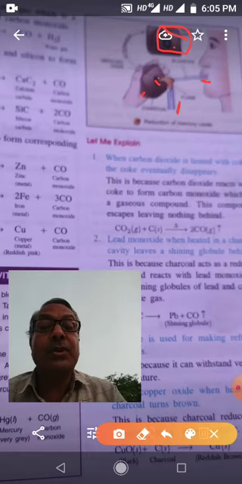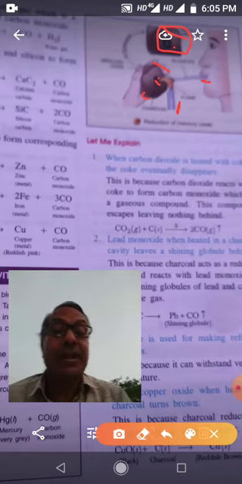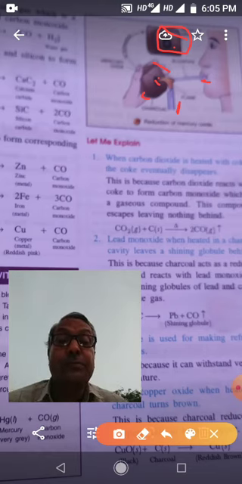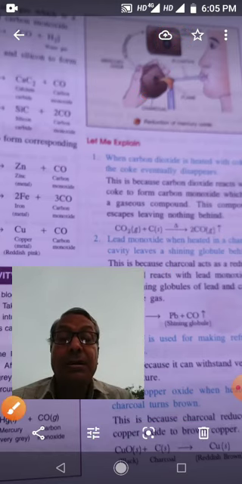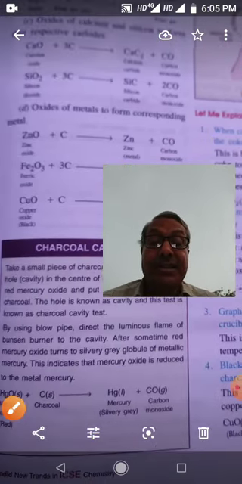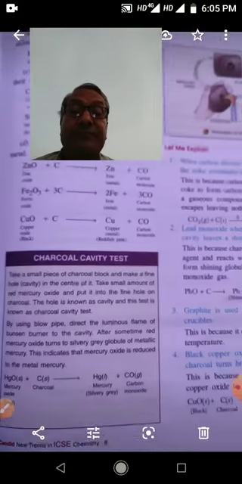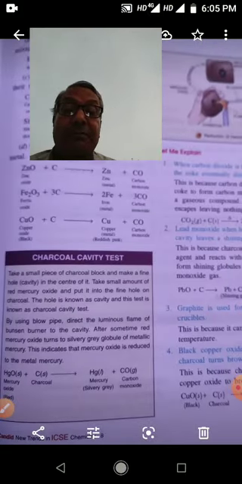In this way mercuric oxide is heated, and when mercuric oxide is heated, it decomposes into mercury and oxygen. So this is the reaction for the decomposition of mercuric oxide.